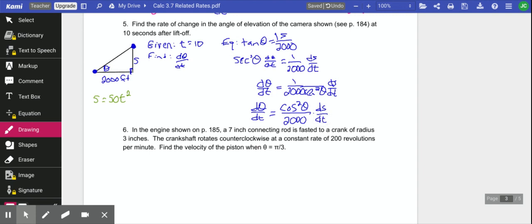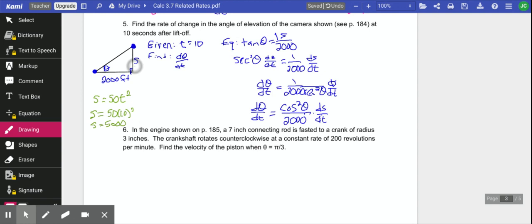Now we're ready to plug things in. In order to plug in, we need to know theta and we need to know ds dt. Neither of those things were given to us. Remember this little equation that I said was going to be important. We can find out what S is. 10 seconds after liftoff, plug in 10 there, and S is going to be 5,000.